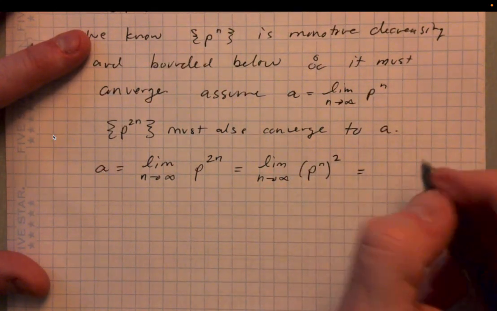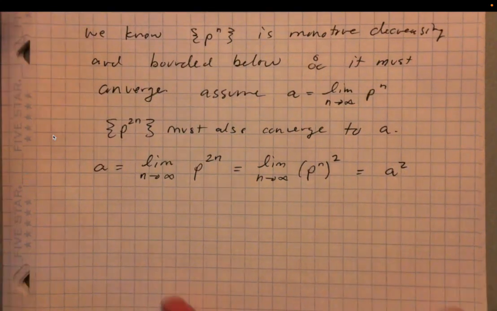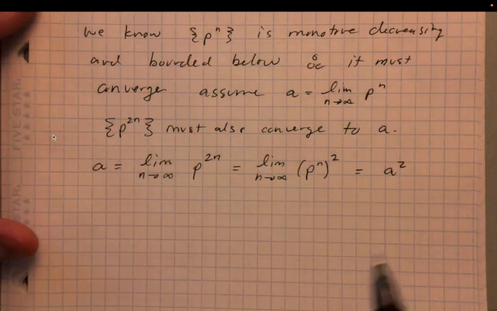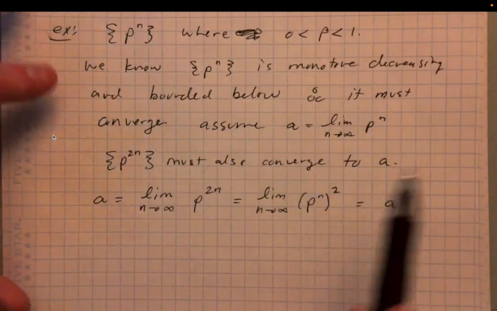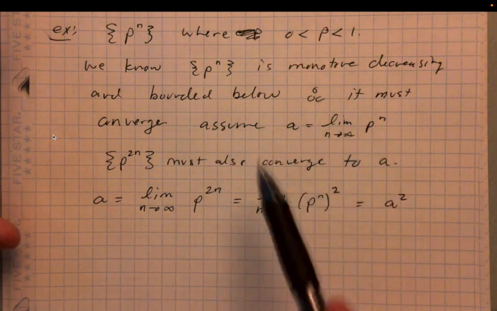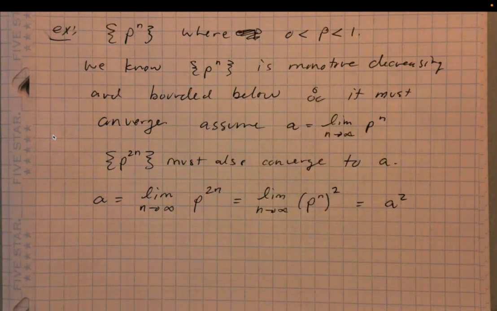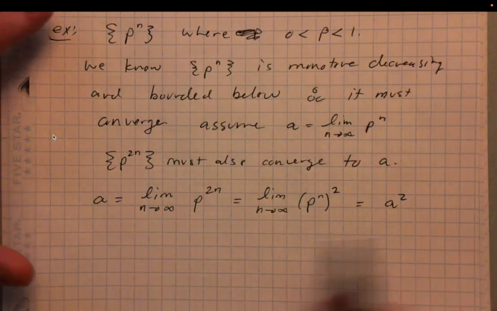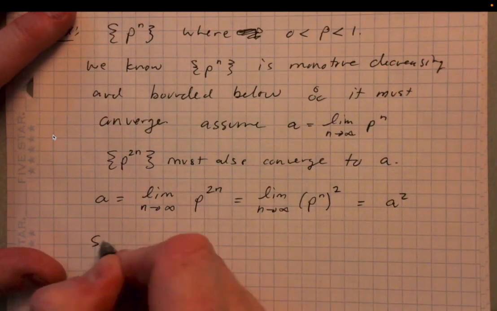And so that must be a squared. This is a great example of how you can use this theorem to force an algebraic setup that allows you to figure out what the limit is. So a is equal to a squared.